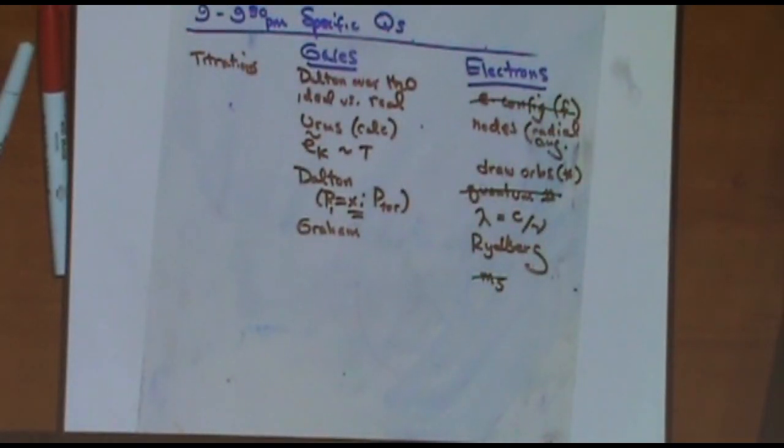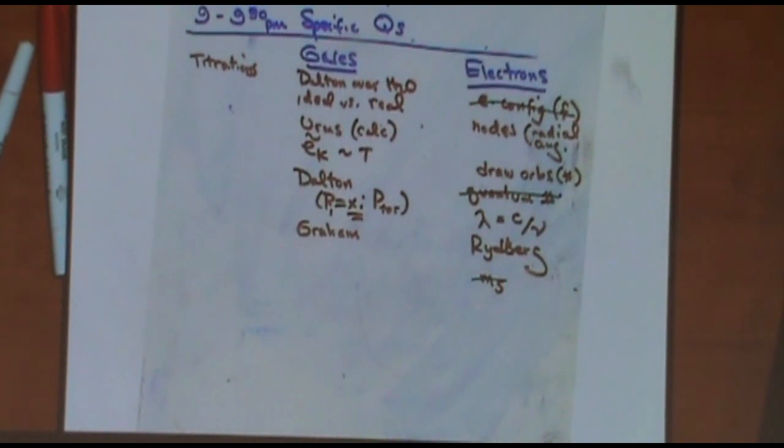Okay, let's do electron configurations. Somebody asked me about the quantum numbers for the f electrons. I wouldn't really ask you that on the test because there are so many exceptions there.